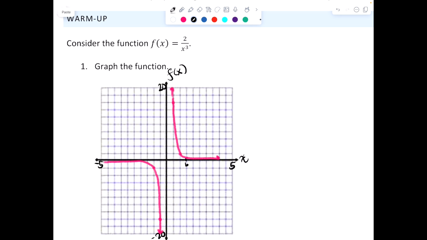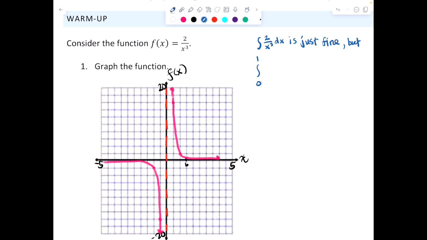And here, would you agree that the indefinite integral of 2 over x cubed with respect to x is just fine, right? No issues. But if we look at the definite integral, and we start that definite integral at 0, there's an issue, right? Because isn't there a vertical asymptote at x equal to 0 here, right?